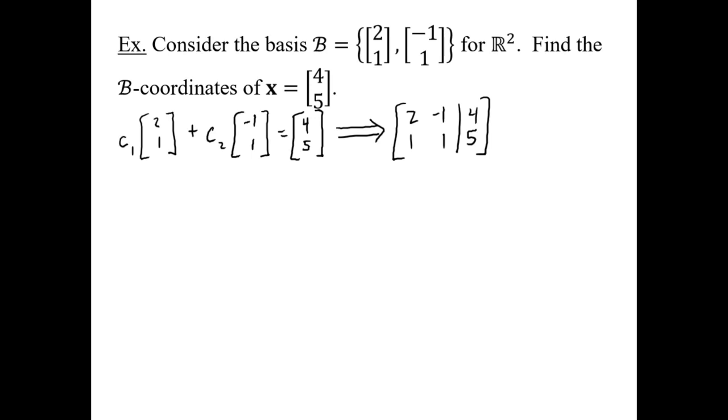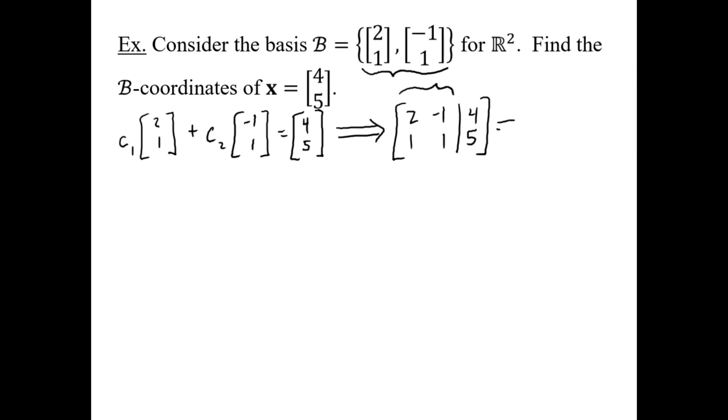We are 100% guaranteed it will have a unique solution because the entries in this basis are linearly independent, which means that when I make the matrix where each of those vectors is a column in the matrix, that matrix is invertible, which means that every single homogeneous equation has a unique solution. So lots of stuff goes into this, but we just need to realize we're guaranteed that there will be one unique solution. Every vector x can be expressed uniquely as a linear combination of these vectors in the basis. Anyway, let me solve this.